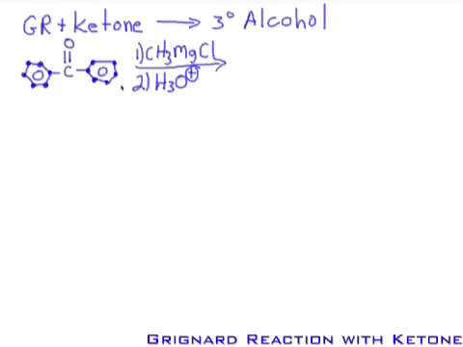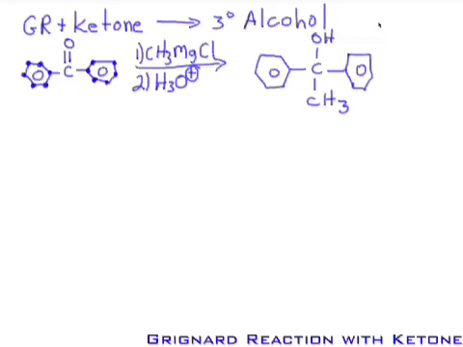Again, the 1 and the 2 means two separate steps. Let the methyl magnesium chloride react completely, then react it with acid. And what you got here was an alcohol. And indeed, it's tertiary. It had the 2 phenyl groups still on the ring, and your methyl. So it gave us a tertiary alcohol.